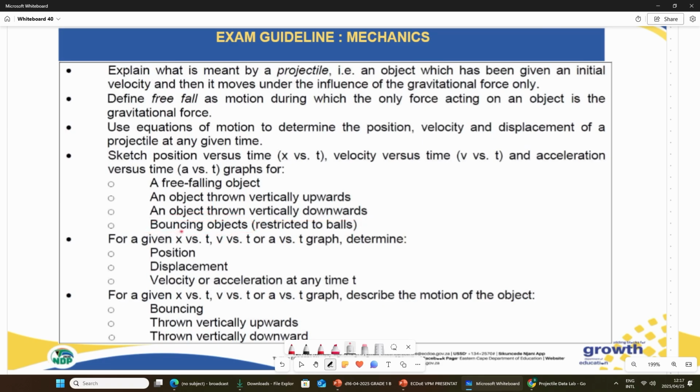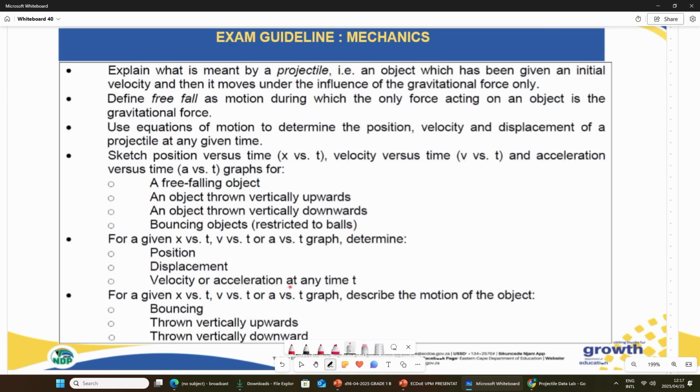Even if we are given the graphs, we must be able to determine the position, displacement, velocity or acceleration at any given time.